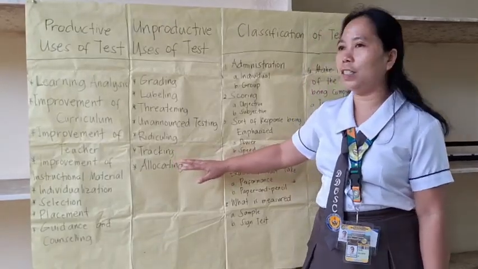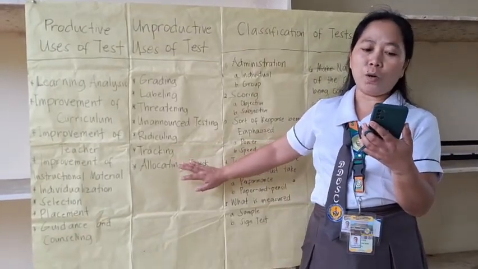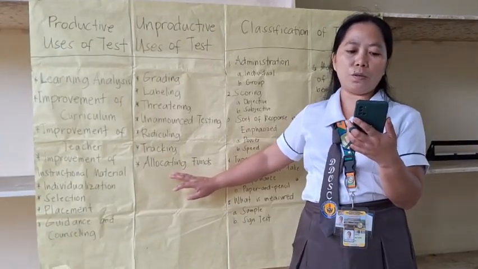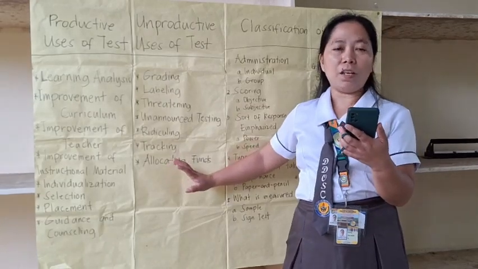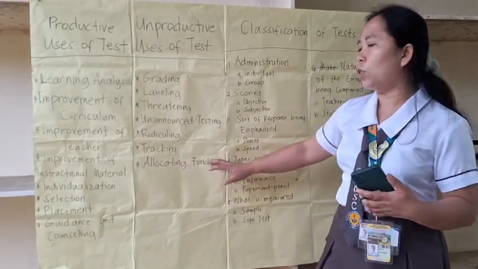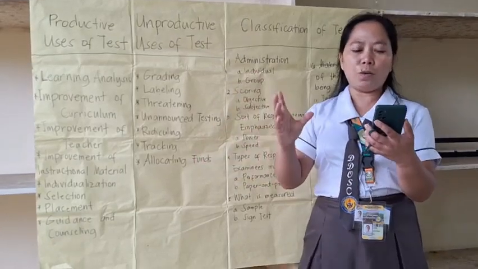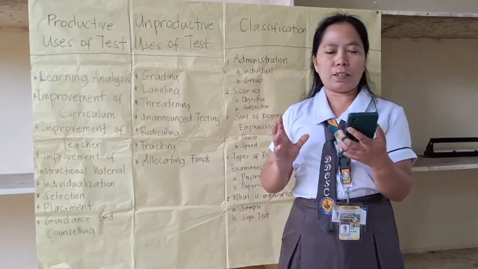And next is tracking. Students are grouped according to deficiencies as revealed by tests without continuous re-evaluation, thus locking them into categories. So tracking, by the name itself, they are grouped according to deficiencies revealed by tests.